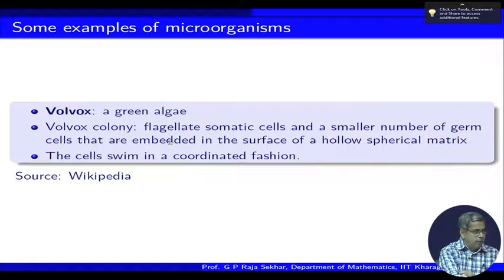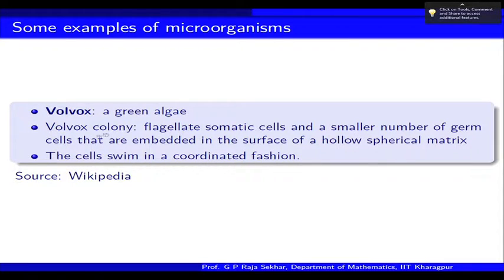They are made up of flagellate somatic cells and a smaller number of germ cells that are embedded in the surface of a hollow spherical matrix. That means you have a spherical structure, and depending on the environment, these flagella structures will be developed and sitting on this spherical structure. You will see a picture very soon.